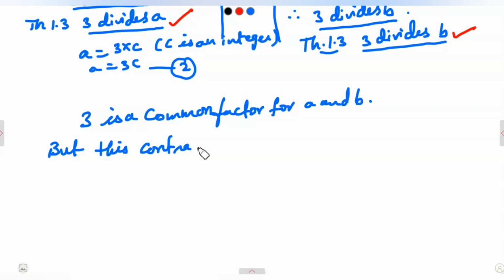So we write, but this contradicts the fact that they do not have any common factor. They are co-prime.